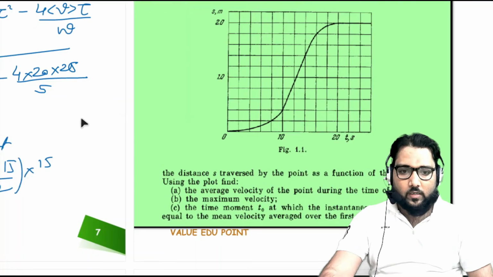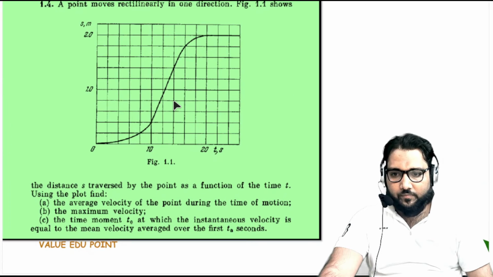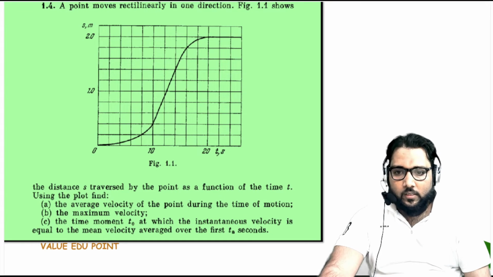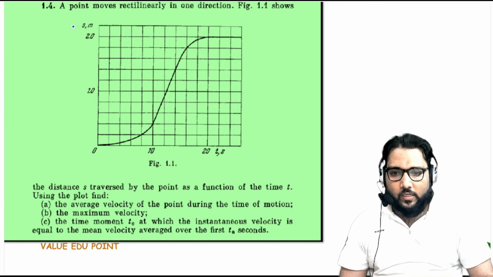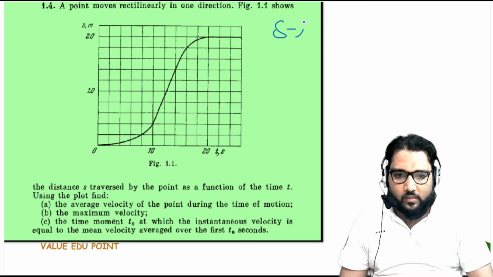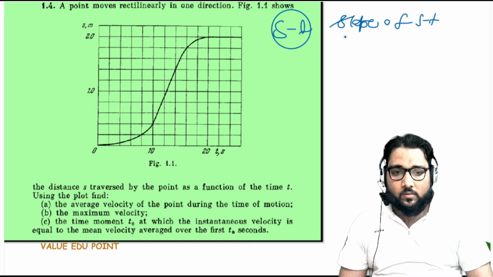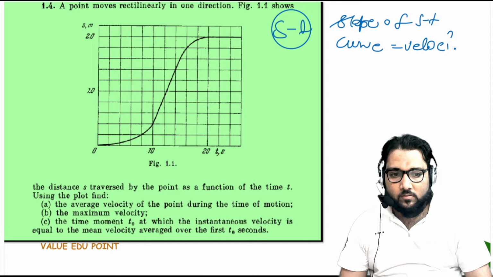Okay, guys, now we are going for the next question. So this is a very simple question. Again, this is an st curve. The st curve is given, and the slope of the st curve gives the velocity. So the first question is asking the average velocity.